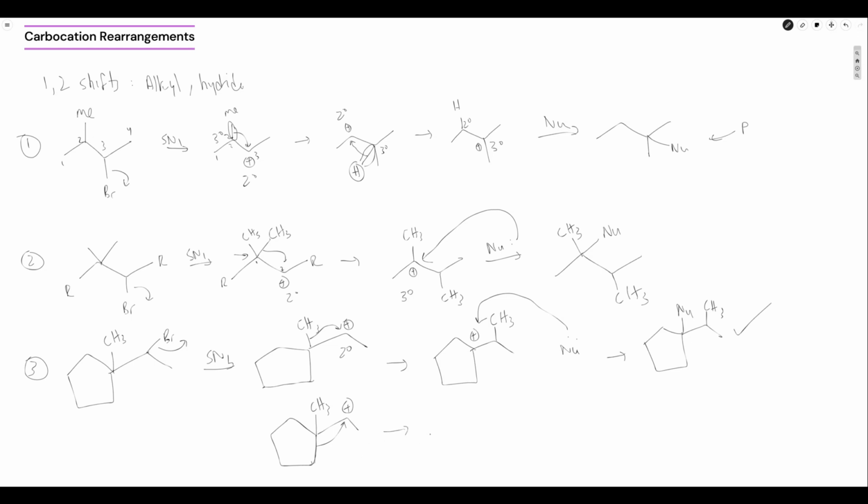And what you get is you actually get a ring expanded product. So now what we have is a methyl group, and a tertiary carbocation like this. And when the nucleophile attacks this carbocation, this is what you get.